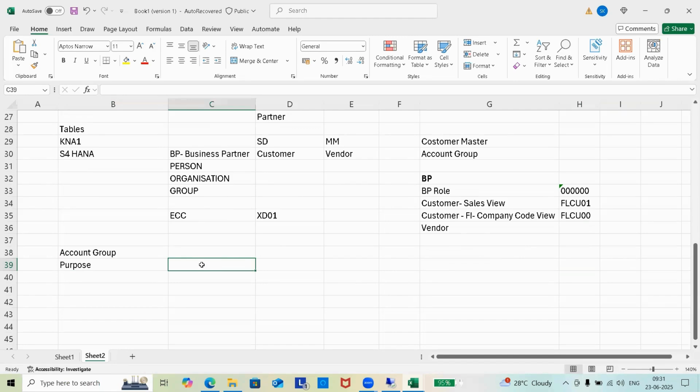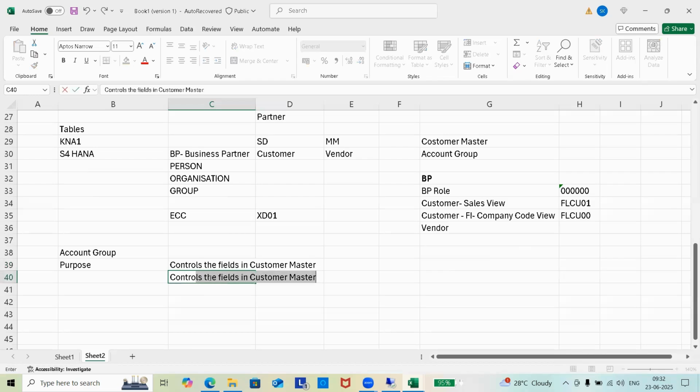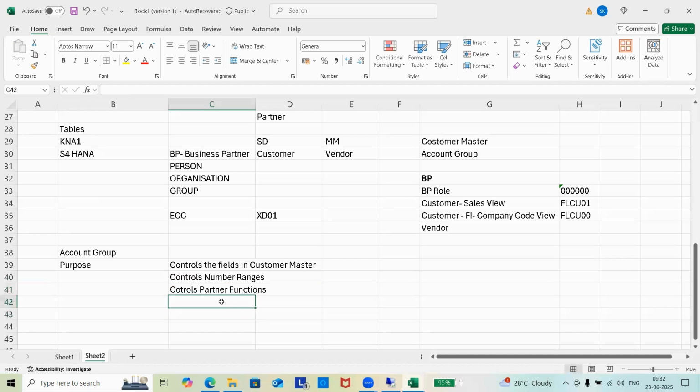Second, it controls the number range. Third, it controls partner functions.